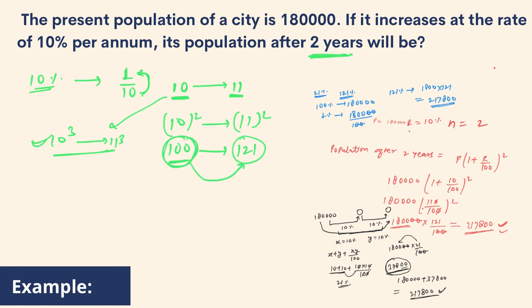Now the population is 1,80,000, so the 100 value is 1,80,000. I need to find the 121 value. 00 to 00 cut. So 1's value is 1800. So 121's value is 121 into 1800, which is equal to 2,17,800. So this is my answer.